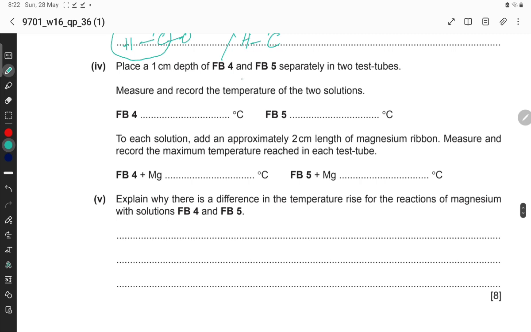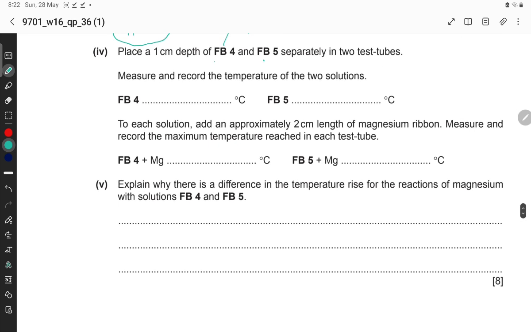Place 1 cm depth of FB4 and FB5 separately in 2 test tubes. Measure and record the temperature of the 2 solutions. If FB4 is obviously a weak acid and FB5 is a strong acid, then FB4 has a lower temperature than FB5. So measure and record the temperature accordingly, and keep in mind that FB4 has a low temperature and FB5 a high temperature.